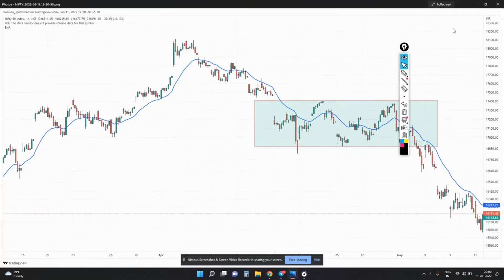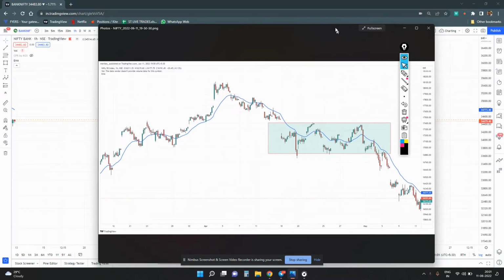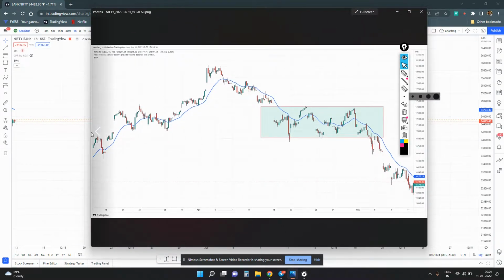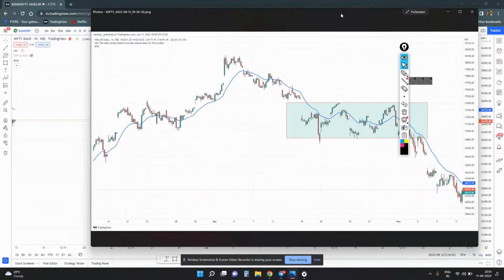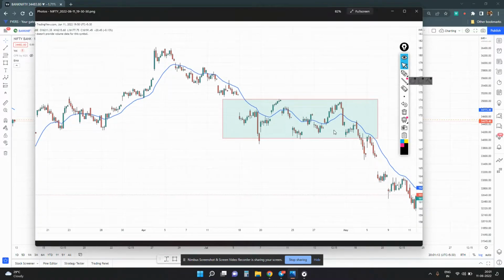This is the chart of Nifty, the Nifty 50 hourly chart, and here I have drawn a box. This box is a consolidation kind of pattern, but here we'll focus on how the price has reacted to the 20 EMA. If we see, price broke out of the box, went again near the 20 EMA and started the fall.